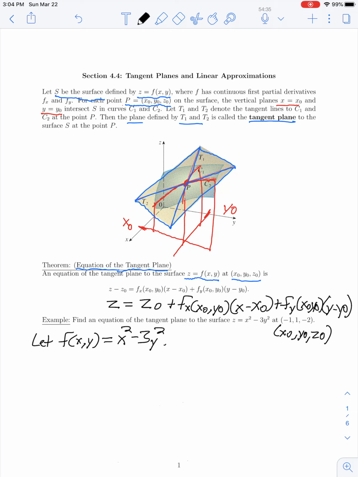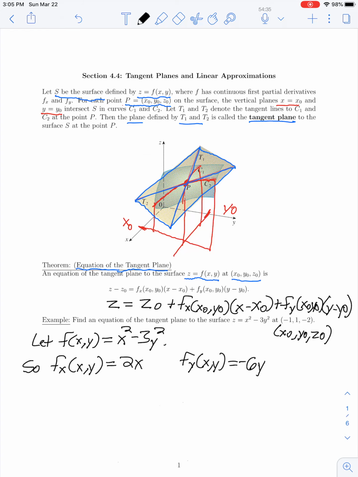And then the partial derivatives of this function we need to find in order to make use of our theorem for the equation of this tangent plane. So we start with the partial derivative of f with respect to x, which is 2x, and the partial derivative of f with respect to y is negative 6y.